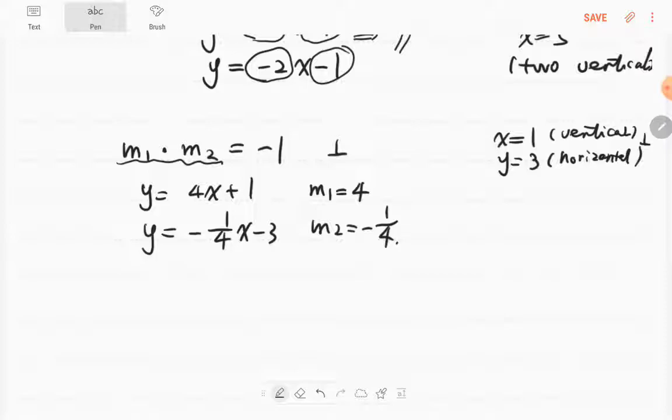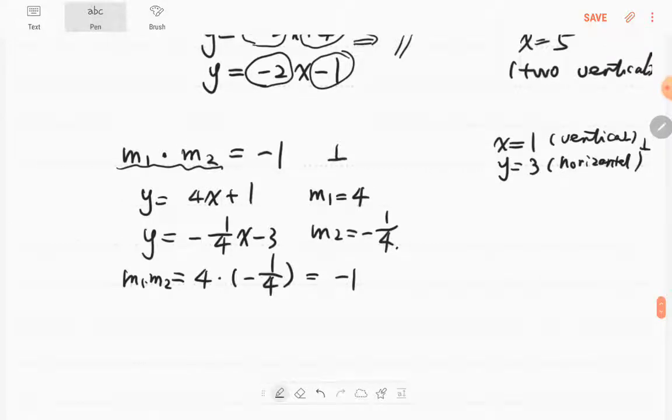Then we check if they can be perpendicular to each other. We only need to find the product of these two slopes, m1 times m2, right? We will get -1. If we get -1, we get to the conclusion: yes, these two lines are perpendicular to each other.